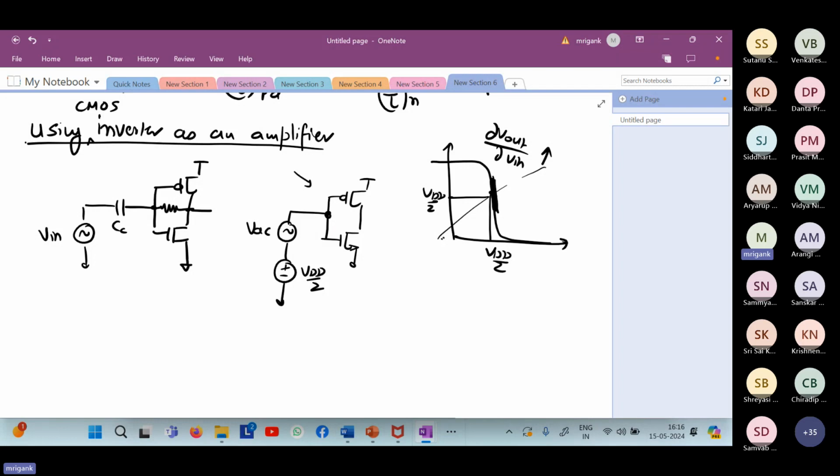What is the problem of this? Any problem that you see in the second, whatever I drew just now? Yes. So the drain is floating. Drain is floating.